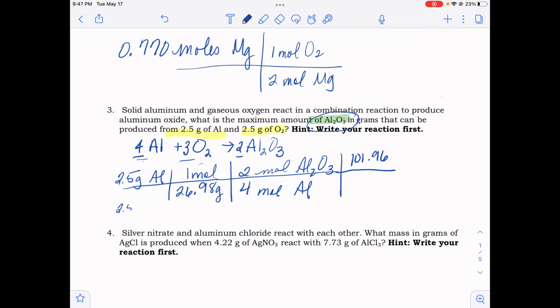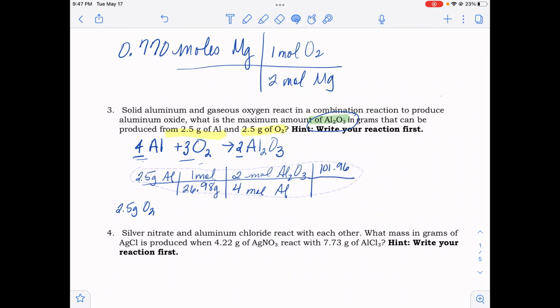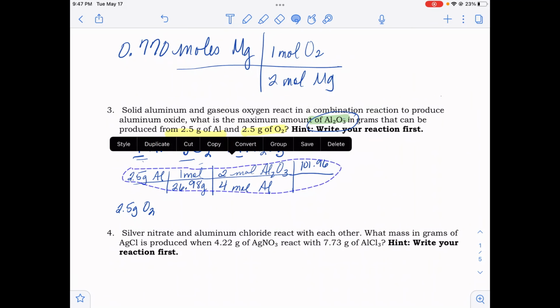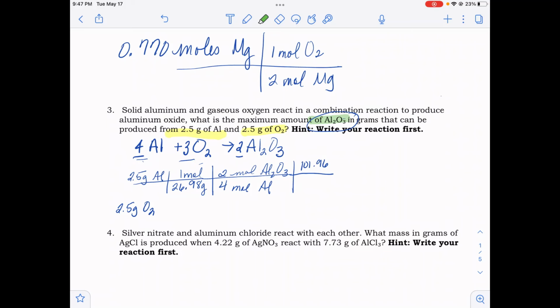I'm going to make this a little smaller. I've got 2.5 grams of oxygen, and I want to solve for aluminum oxide once again. Molar mass of oxygen is 16, but don't forget we have 2 oxygens here.